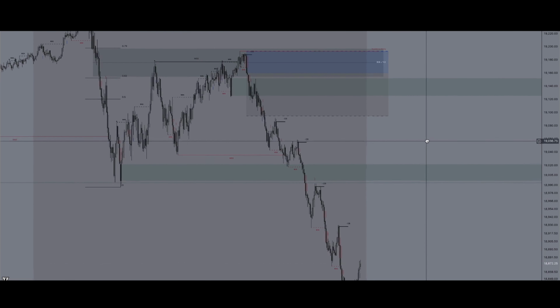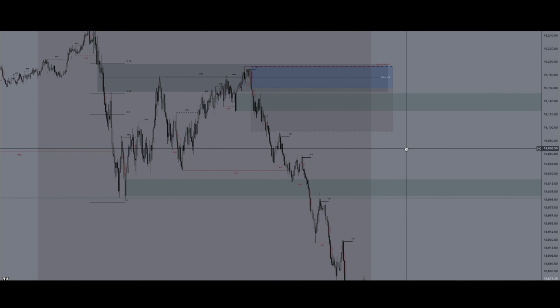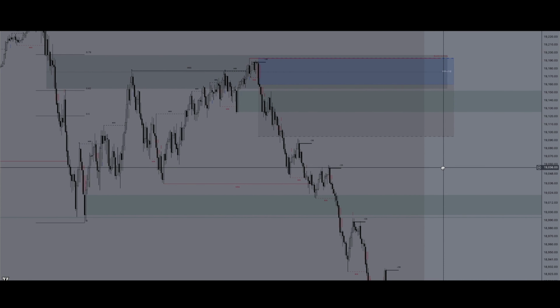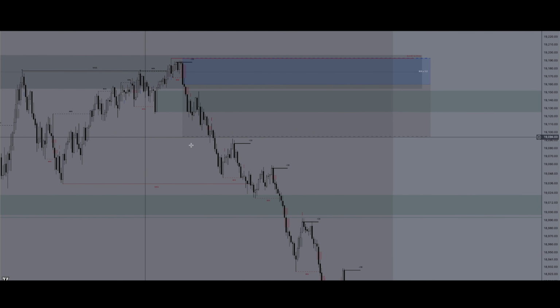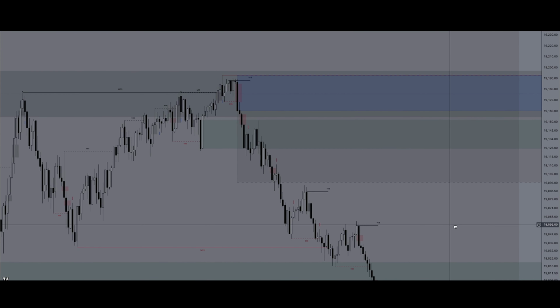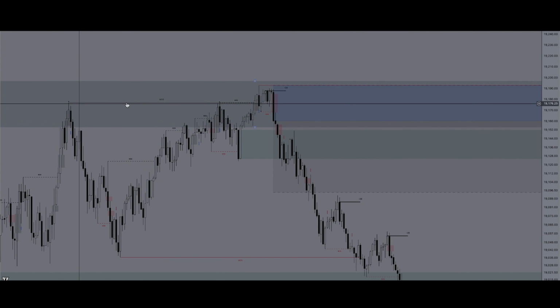So, like the example, even if we drop down to the 30-second, we would have had our entry sweeping a high here. We would have swept a swing high here.